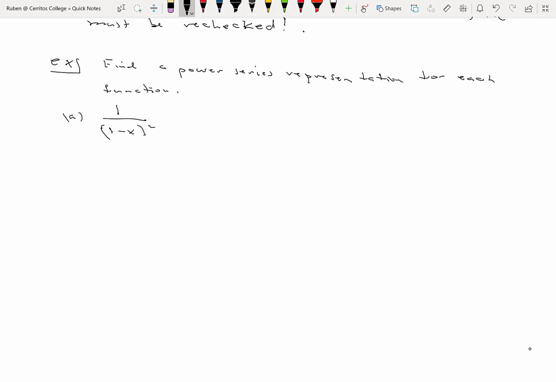It's extremely difficult to do this without using the idea that we can differentiate a power series. Okay, it's extremely difficult to do this without using derivatives. Now here's the trick. The trick is to notice that the derivative with respect to x of 1 over 1 minus x is, let's just use some Calc 1 to do this.